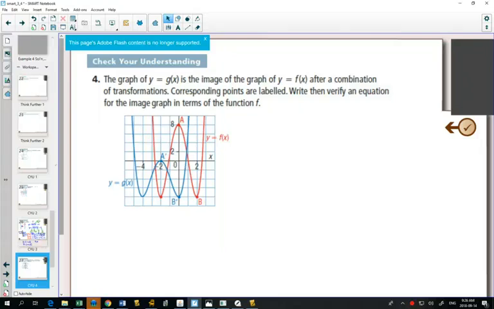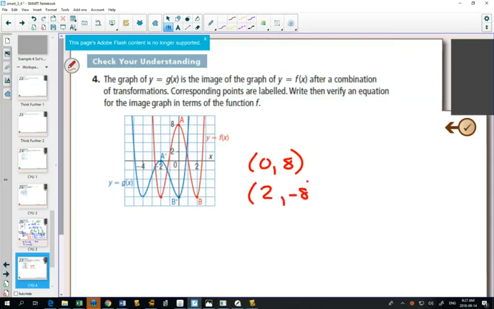So in this last example, this is very similar to an example we did at the end of section 3.3, but now it has a combination of functions. If we look at what's happening, on our original graph, we have the point 0, 8, and we have the point 2, -8.